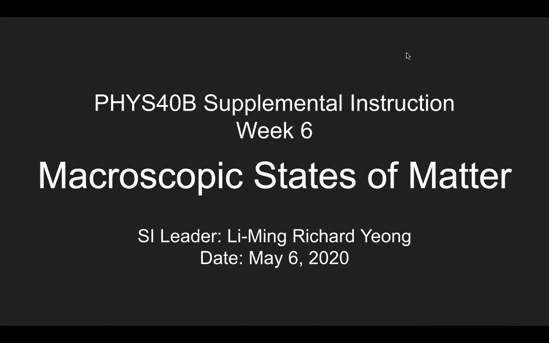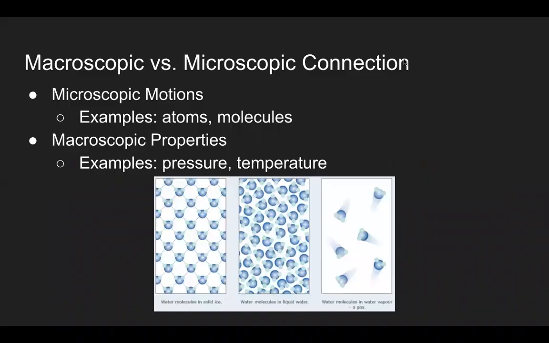With that, let's begin. When it comes to chemistry and thermodynamics, it is important to first understand the microscopic motions of atoms and molecules that affect larger macroscopic properties, which may include pressure and temperature. For instance, if you have a closed container filled with gas molecules, what happens when it is heated on top of a stove?